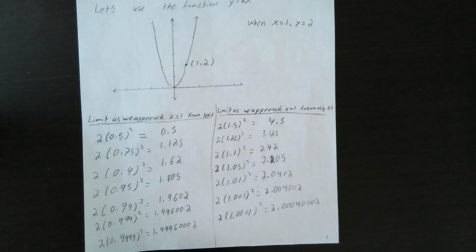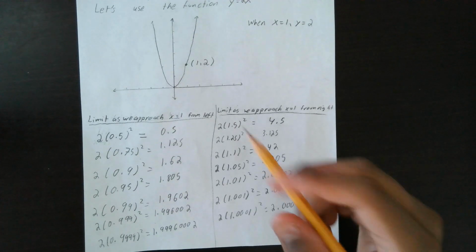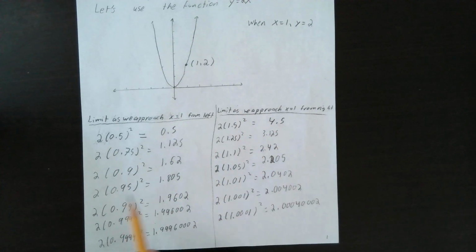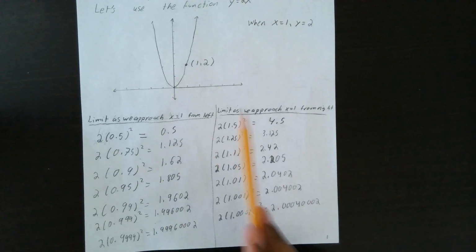And if we were to plug in an x value of 0.9999, we get really close. We get this number here, 1.999, etc. So we get really, really close to y equals 2. So the limit as we approach x equals 1 from the left is 2, because we're getting closer and closer to 2.